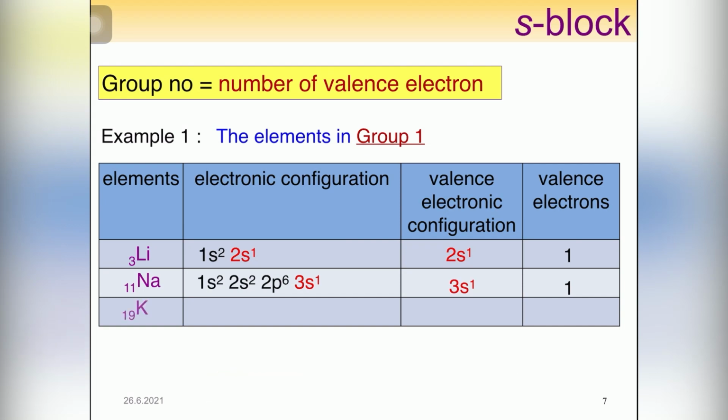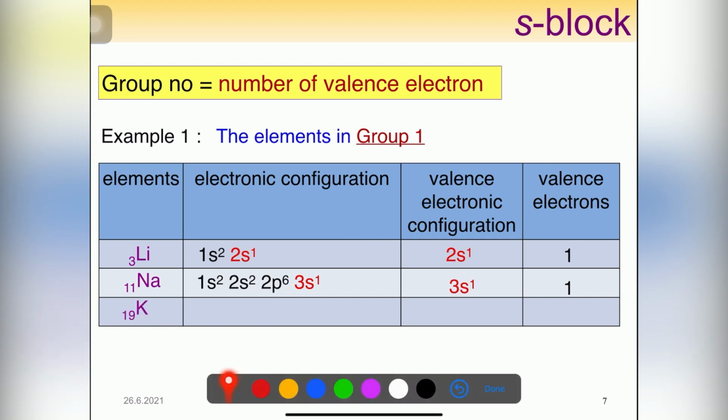Next, potassium with proton number 19. Highest n is 4, and it only has s orbital with 1 electron. So it has 1 valence electron, and the configuration for the valence is 4s1.